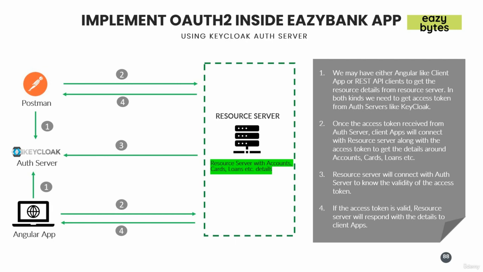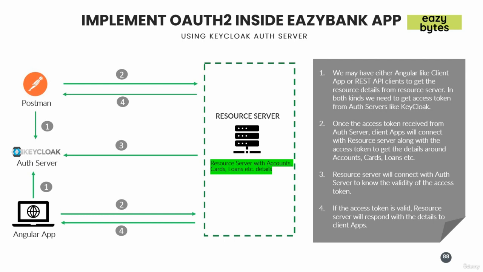They not only help you in implementing the OAuth2 framework inside a web application, but also provide a lot of out-of-the-box features, where all your user details like email, password, and their roles can be stored inside these products instead of storing them in a database like we are doing right now.